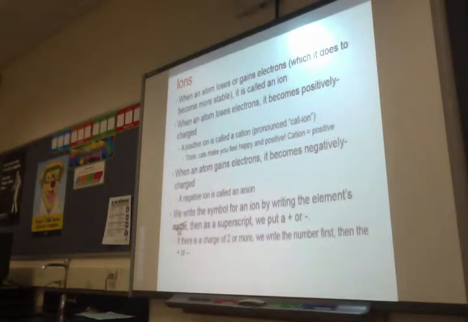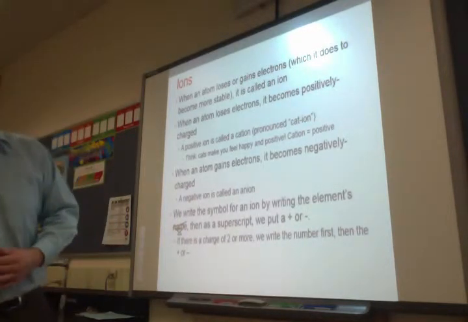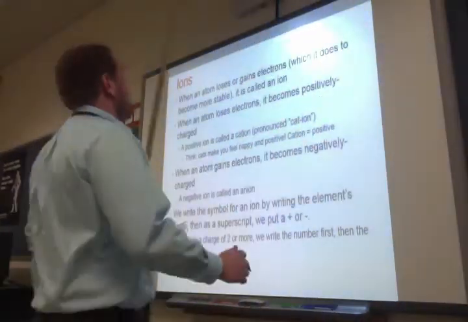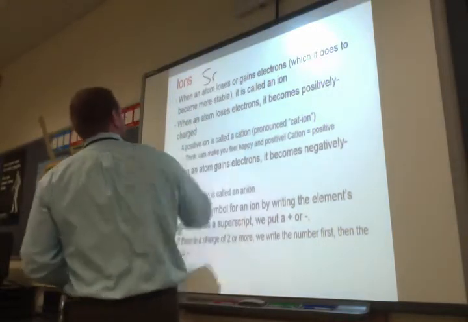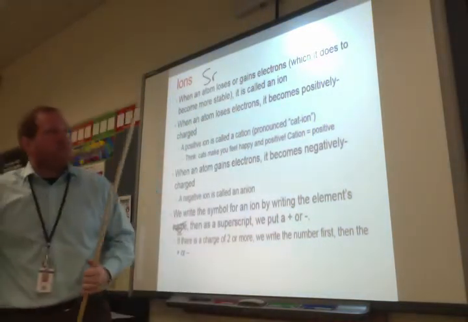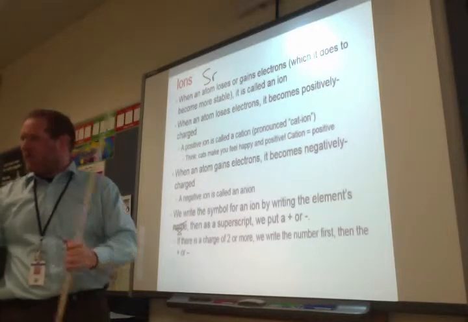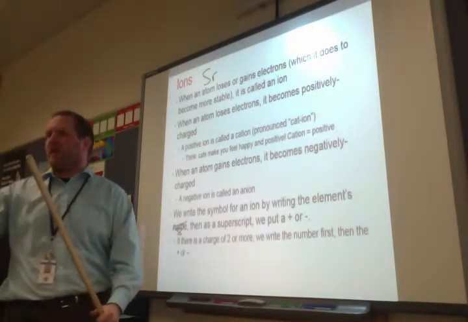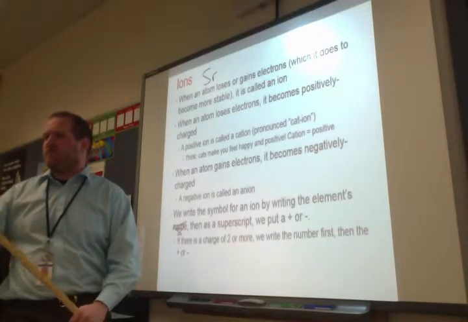If you can do Lewis structures, you can do ions, no problem. Let's start with strontium, Sr, right here. So somewhere in your notes, write Sr. And now we have to say, okay, how many valence electrons? 2. Okay, so is this one going to lose 2 or gain 6? It's going to lose 2.